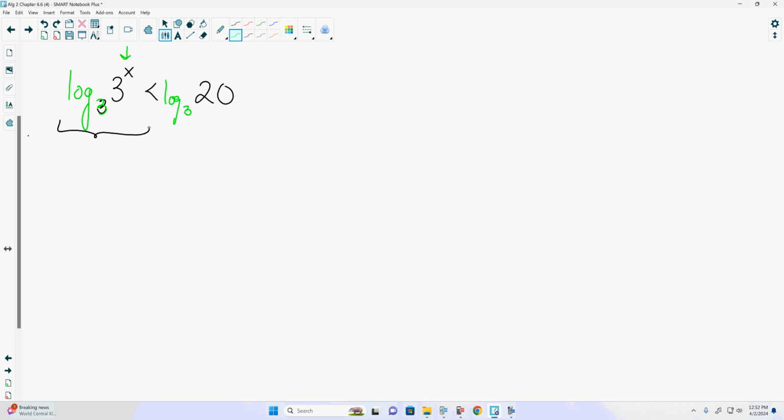Now our log base 3 of 3 to the x is going to become what? Almost. Just x, our exponent. If it had been 3 to the 3x, yes, it would indeed be 3x, because our log base 3 of 3 is 1, so all that's left is the exponent. It is less than log base 3 of 20.